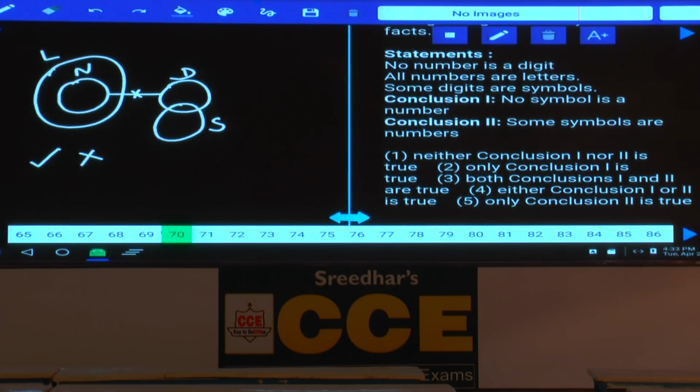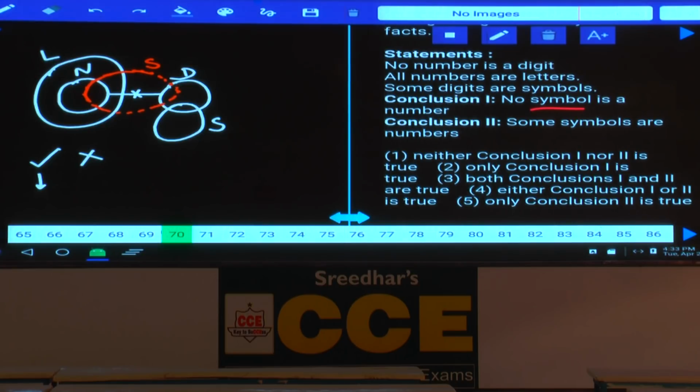As it is false, the first conclusion is a negative conclusion, which is true. In order to make this one false, we need to prove its complementary. What is the complementary pair to this one? Some symbols are numbers. Now we need to prove symbol and number like this. Tell me whether it is possible to draw symbol and number like this or not.